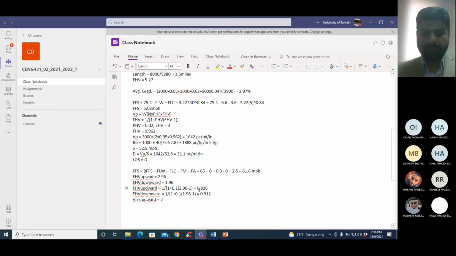Now I can calculate VP for upward and downward. Volume 2600 divided by number of lanes, 2 in each direction, peak hour factor 0.88, and the factor for upward.